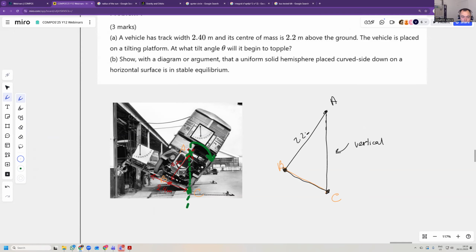So this is 2.2 meters. 2.4 meters is the base, so that's 1.2 meters. This is a right angle triangle, and this is the angle of tilt, the angle theta. If this is theta and this is vertical, that means this is 90 minus theta, and then this angle is theta as well.